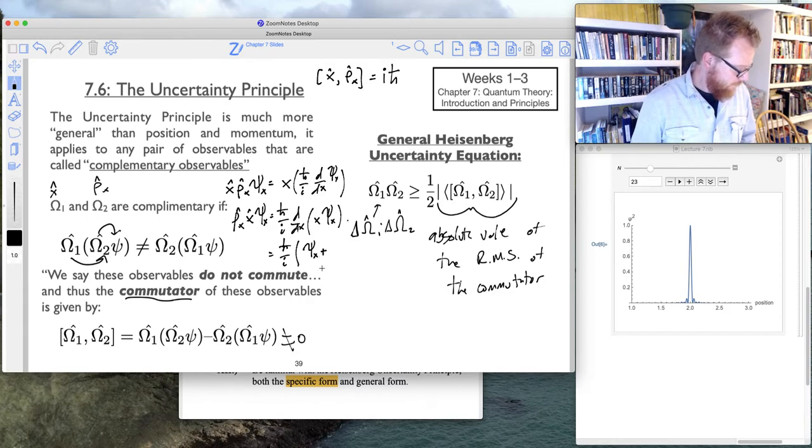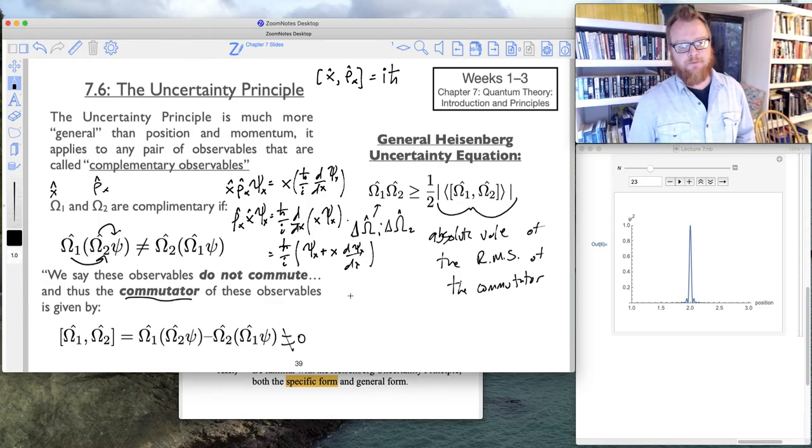Plus, now remember in the chain rule, I take the x out in front, okay? So that's x. And then now I take the first derivative of psi of x, okay? And so continuing along down here, you can see that these two things are not equal to each other. So in other words, I'll write this down.